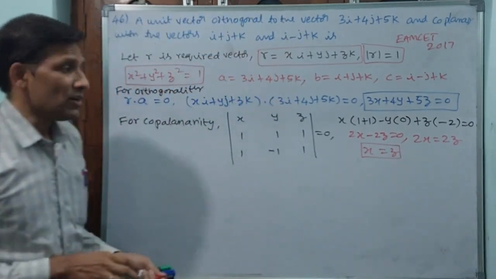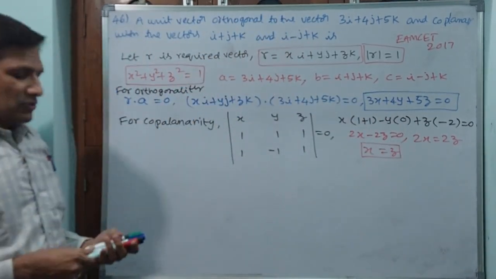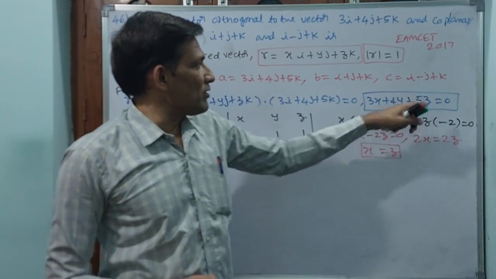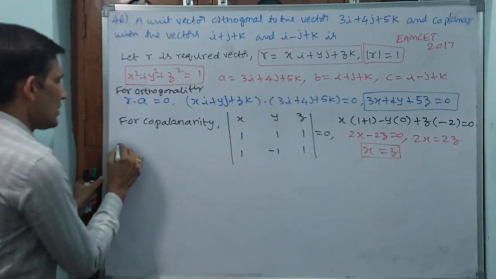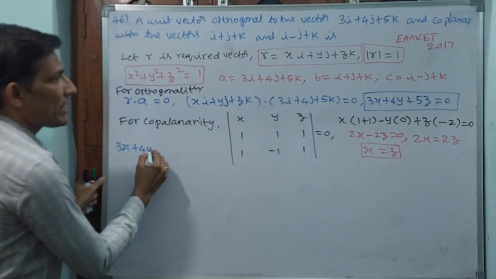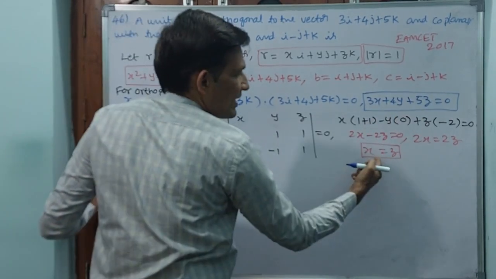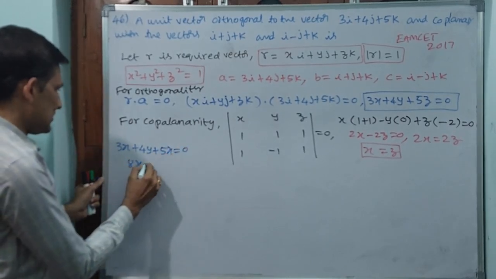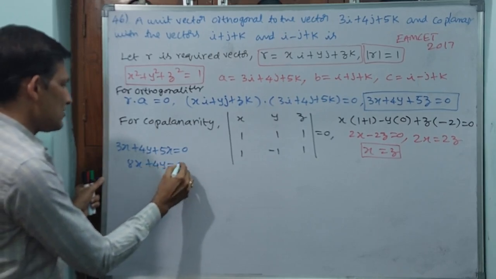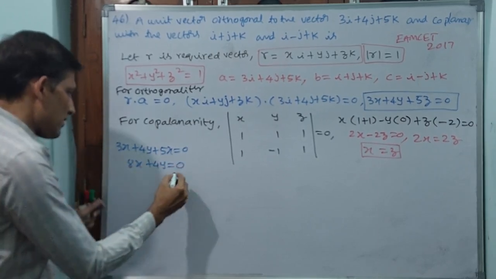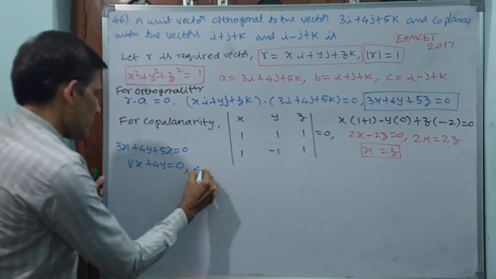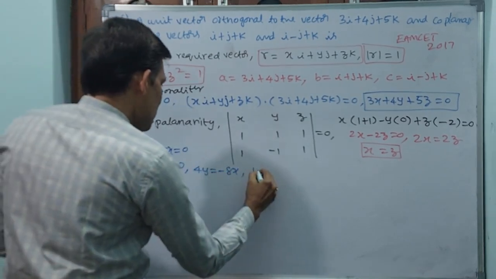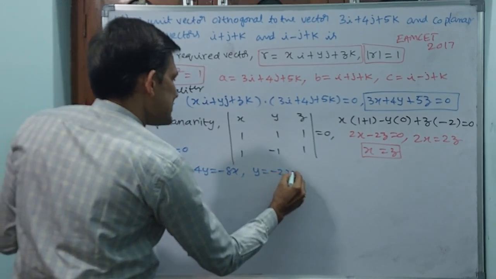Now you see, three equations and three variables. Can we find them? Definitely we can find. Substitute x is equal to z in this equation: 3x plus 4y plus 5, rather than z I will write x, because x is equal to z, 5x is equal to 0. That means 8x plus 4y is equal to 0. Then 4y is equal to minus 8x, or y is equal to minus 2x.